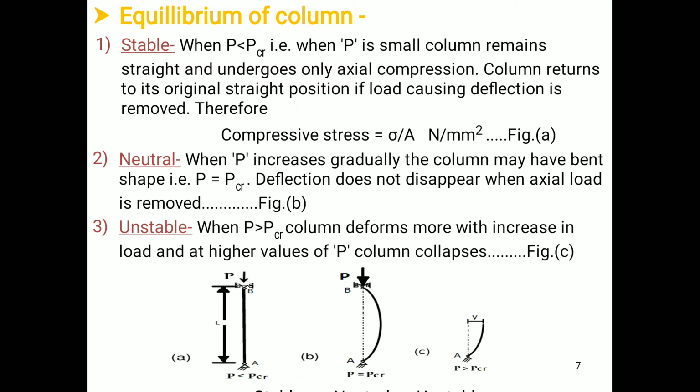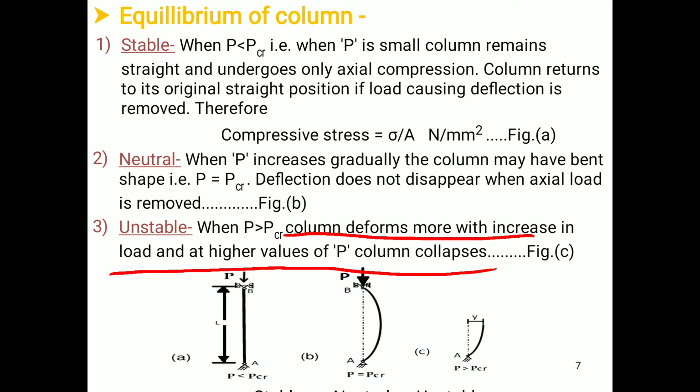The third equilibrium condition is unstable equilibrium. Again, when we go on increasing load P gradually, P will become greater than the P critical. The column deforms more with the increase in load, and at higher values of P the column collapses.